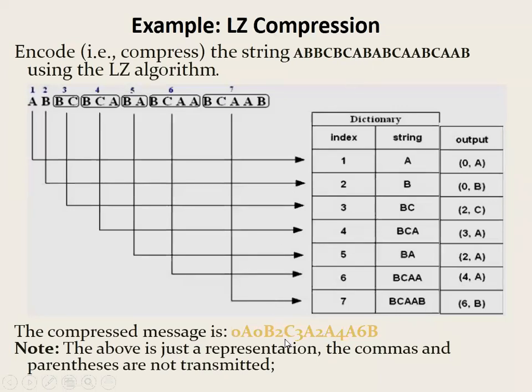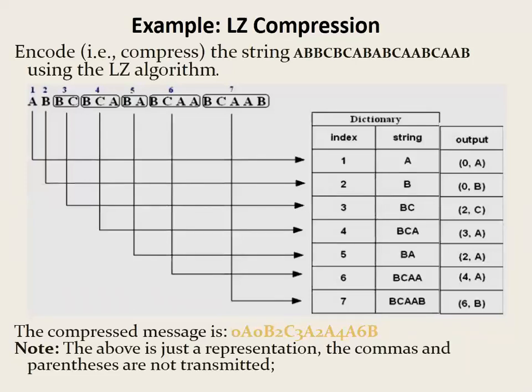One of the advantages of Lempel-Ziv is the compression can be done automatically just by referring to the output, without any need of a code word table like Huffman encoding or Shannon-Fano encoding.